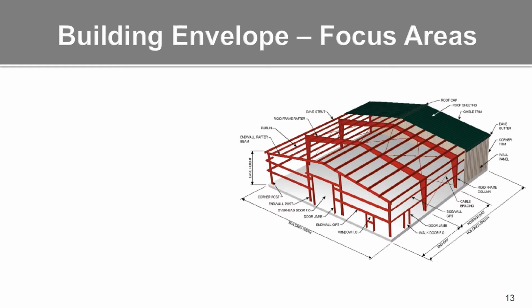Likewise for the roof. You may not use purlins, but you may use open joist or bar joists. And you may put insulation on top of a metal decking that sits on the bar joist. So that would be considered insulation entirely above the roof deck.